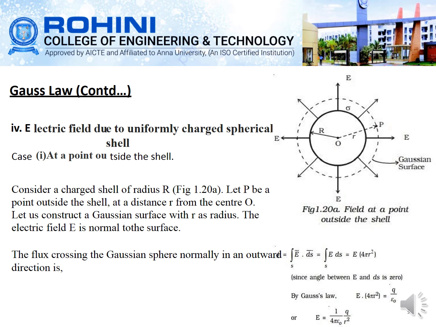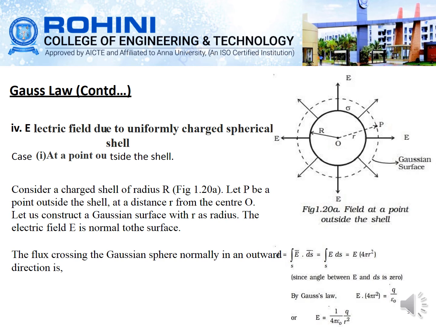And the next one is the electric field due to a uniformly charged spherical shell. In the case of a uniformly charged spherical shell, first we take a point outside the shell. Here the charged shell has radius r and the point P is at distance r, all taken along the Gaussian surface. The flux crossing through this Gaussian surface flows in the outward direction.